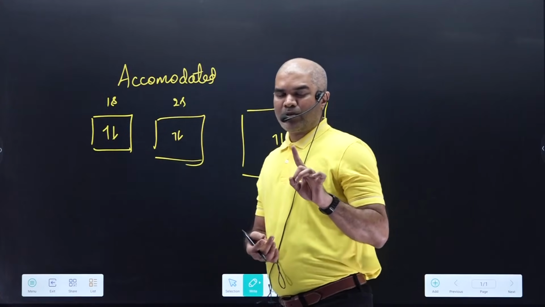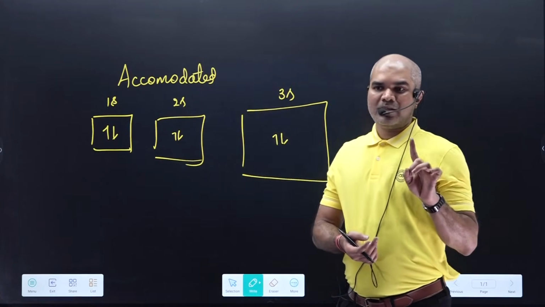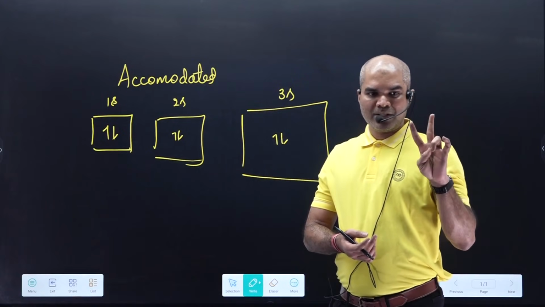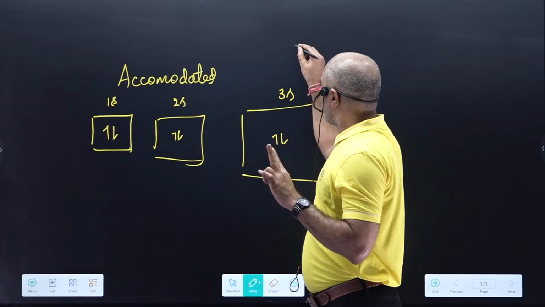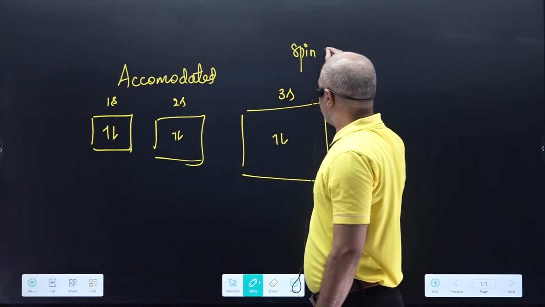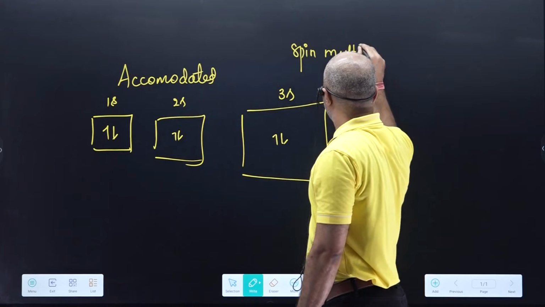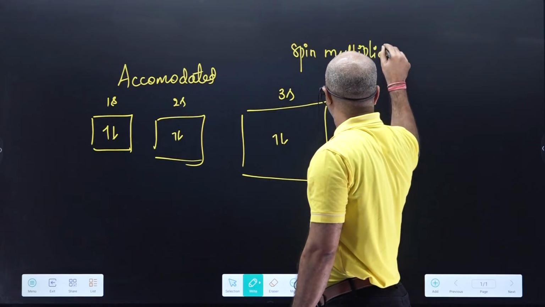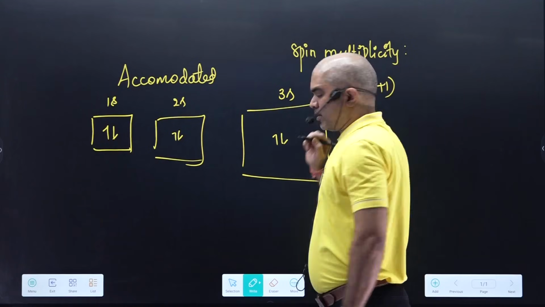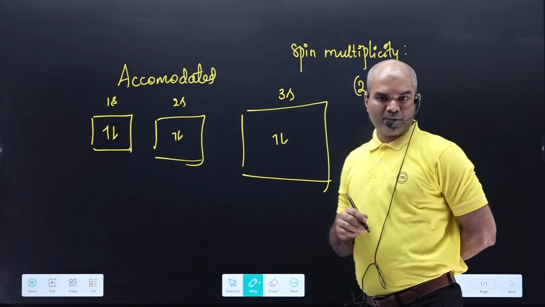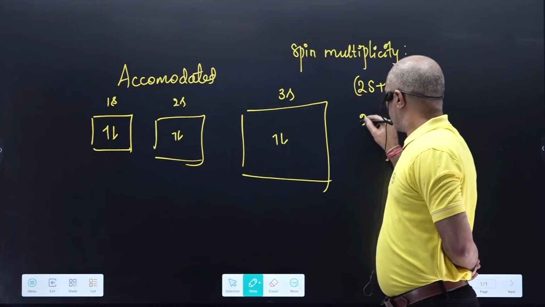Because the spin of an electron is 1 by 2, it has a maximum of 2 orientations only. How do you get these orientations? Through a formula called spin multiplicity. This we discussed. What is spin multiplicity? 2s plus 1. So if I am giving you 1 electron, what is the spin of that 1 electron? 1 by 2.